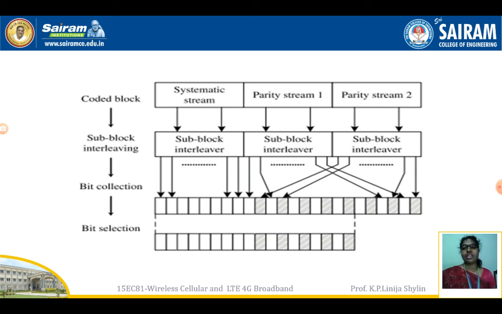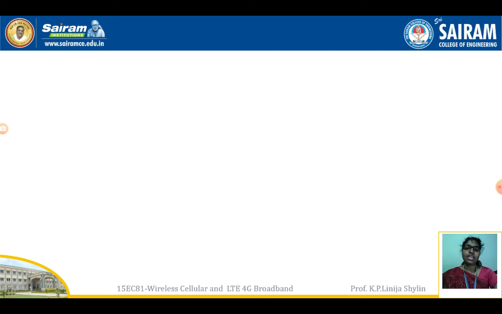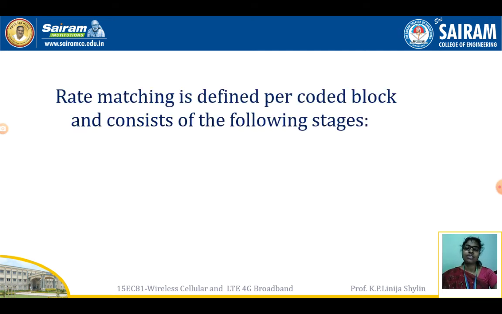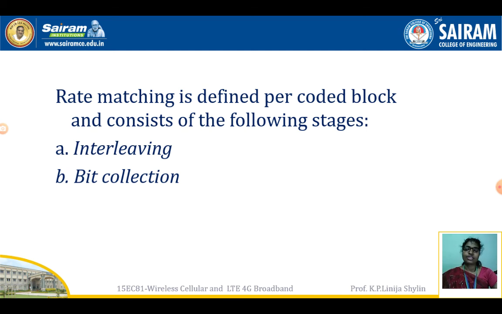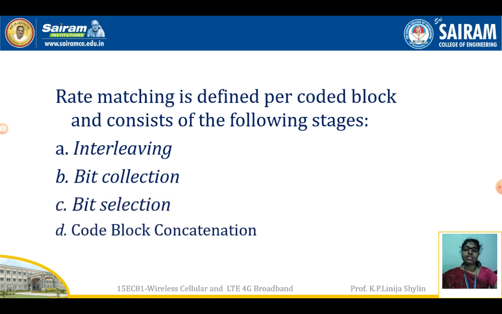Here we can see, following the coding block, it has the interleaving function, bit collection function and bit selection function. So that is interleaving, bit collection, bit selection and code block concatenation.